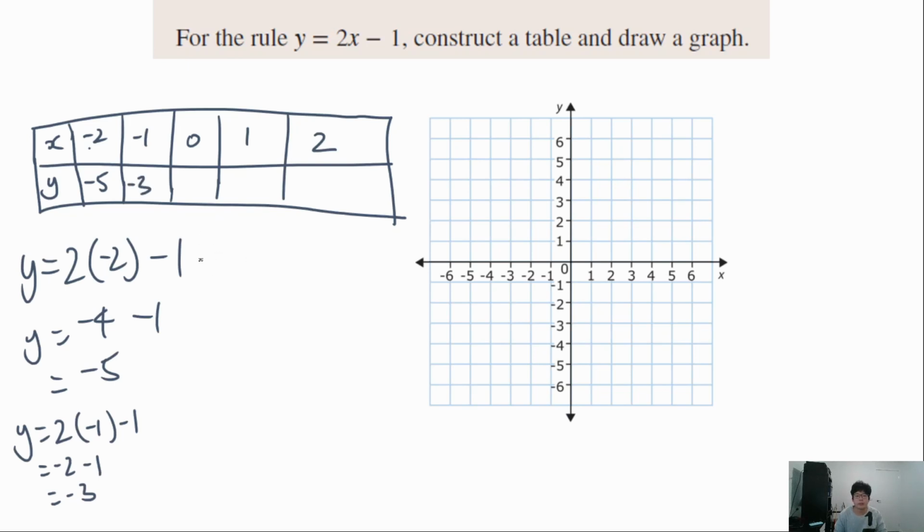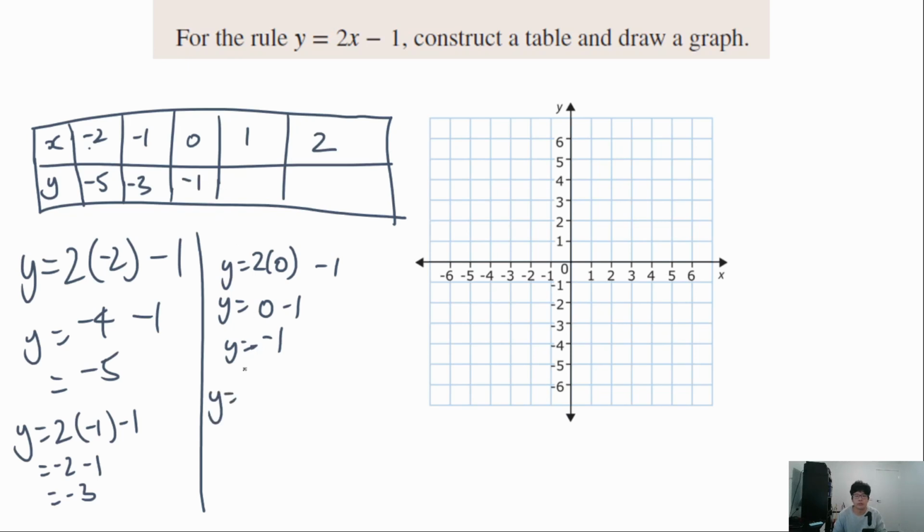Same deal, I'll just draw a line to split that up. y equals 2 times 0, replacing x with 0 for this next y coordinate. That gives me y equals 2 times 0, which is 0, minus 1, so y is going to equal negative 1. For the next one, x equals 1, so it'll be y equals 2 times 1, which is 2, minus 1, and that gives me y equals 1.